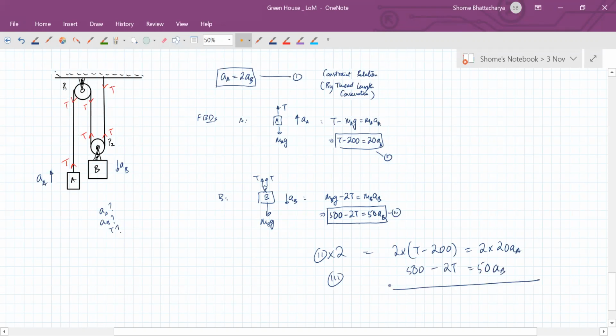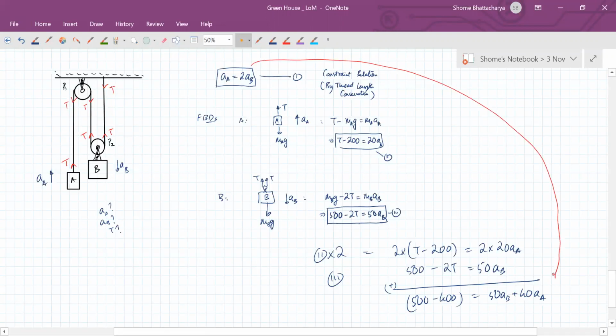So now add these two equations. 2T will cancel out. So you're getting 500 minus 400 on the left hand side. So twice of this is becoming 50 times AB plus 40 times acceleration of A. And then in this, you substitute acceleration of A is equal to twice of acceleration of B from equation 1.